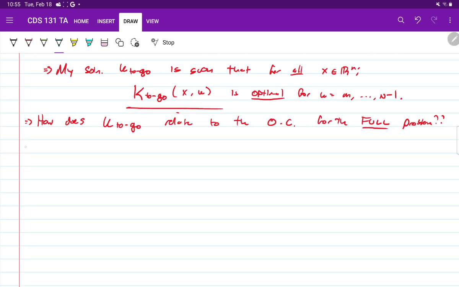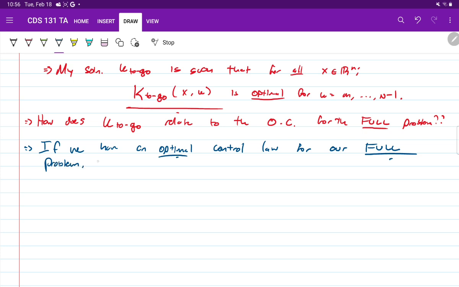It's a really nice idea, which is, if we have an optimal control law for our full problem, that control law must be optimal for the to-go problem.